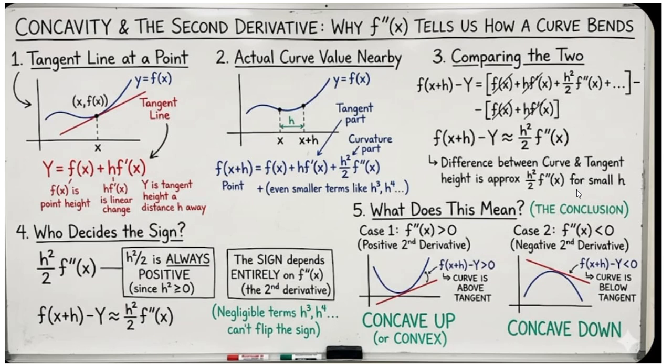Based on this only we can tell, without working out all those things. This is how we can understand why f double dash of x tells you how a curve bends. Okay, this is very important.